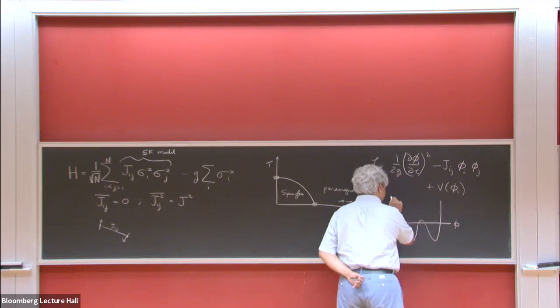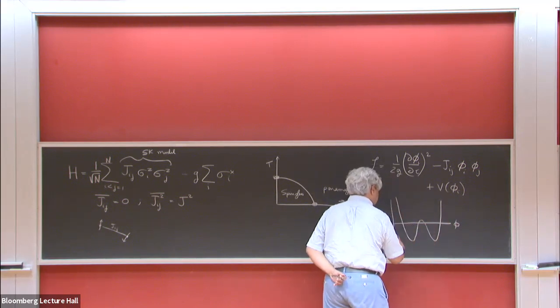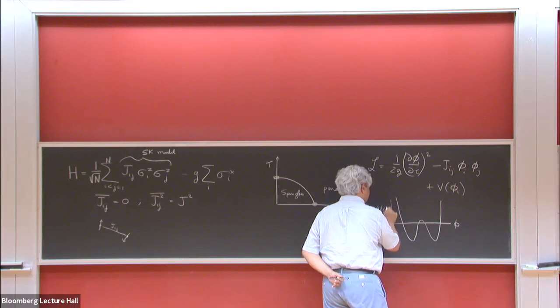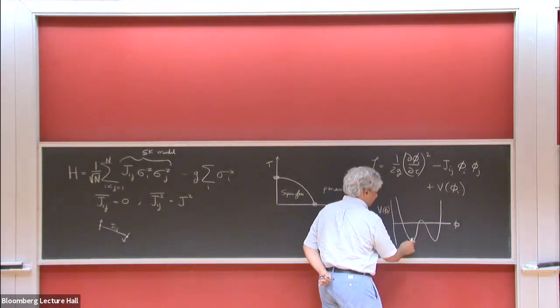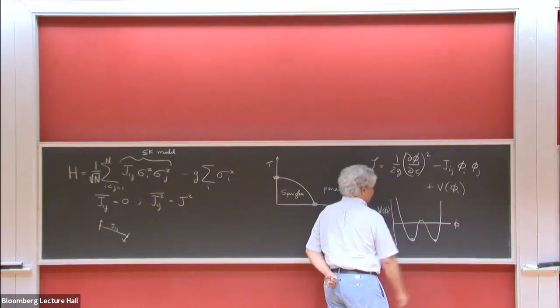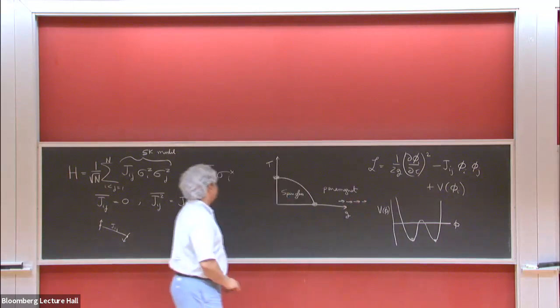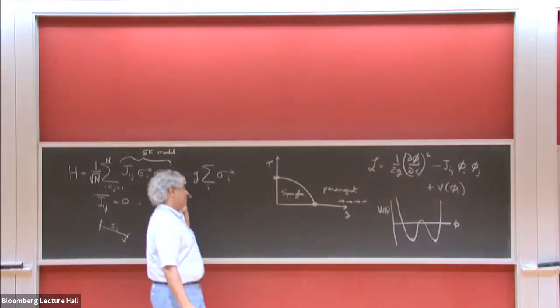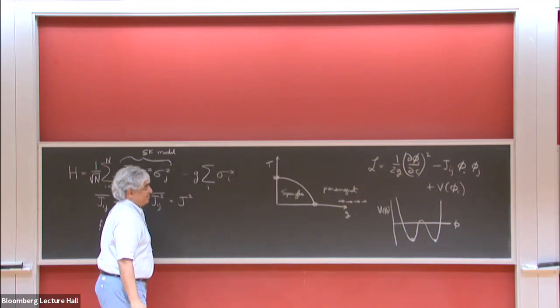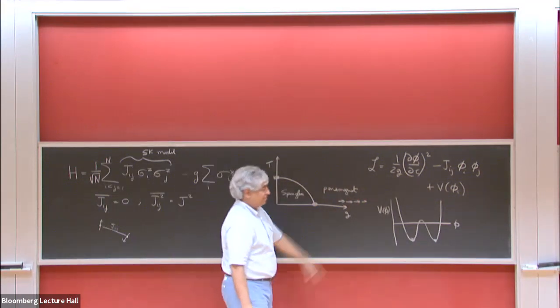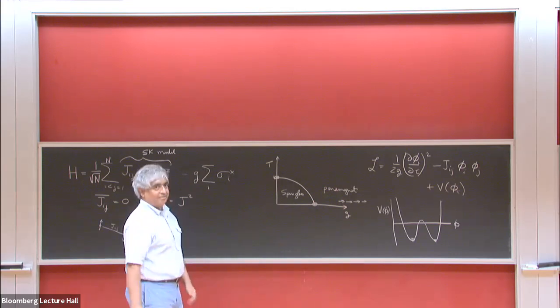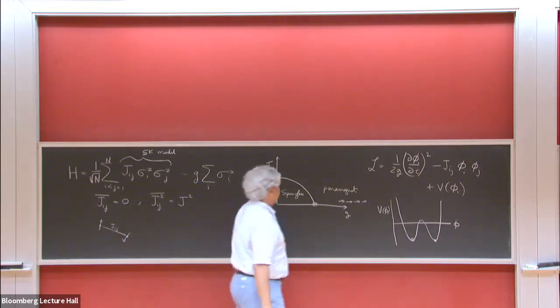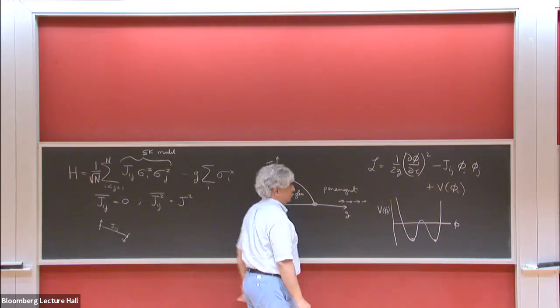This is V of phi. So there are two states of phi, one here and one there, and those represent the two states of each Ising spin. And it's really, you can work with this or that. And the advantage of this is you can just work in a continuum time formalism and use all kinds of path integral tricks that are a little more cumbersome in this approach.